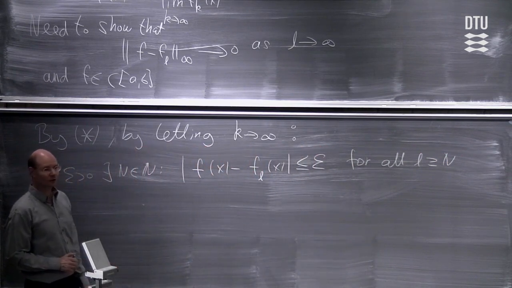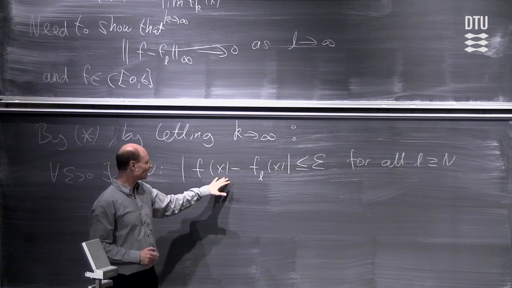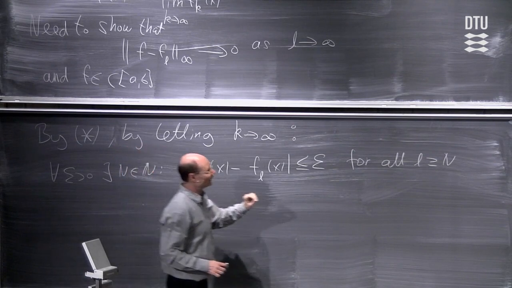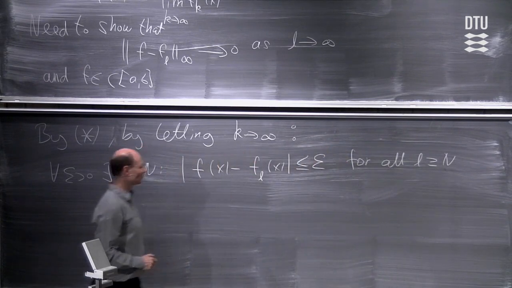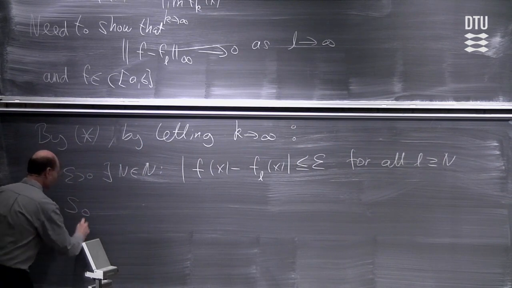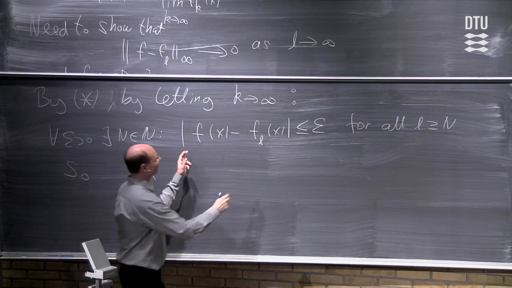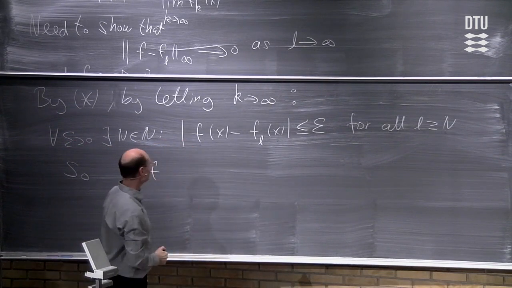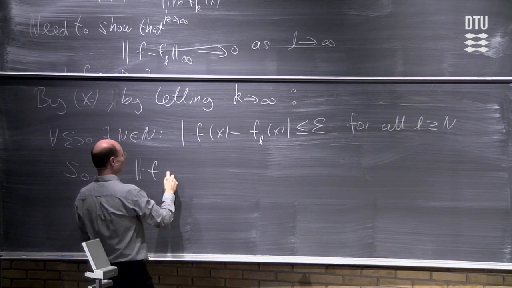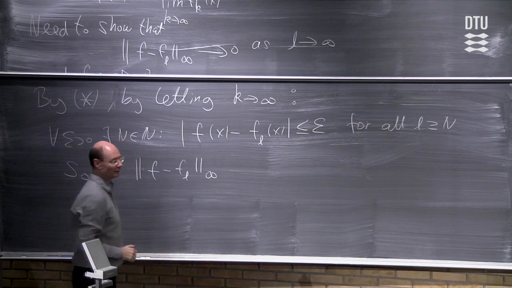So what this actually shows is that this holds no matter how you choose your x. No matter how you choose your x, you get the same value for your n. So what this proves is that if you simply take the maximum value of this over all your x, then what comes out is that f minus fl measured in the infinity norm.